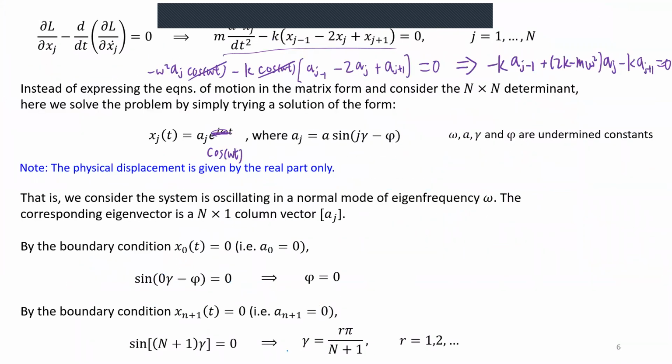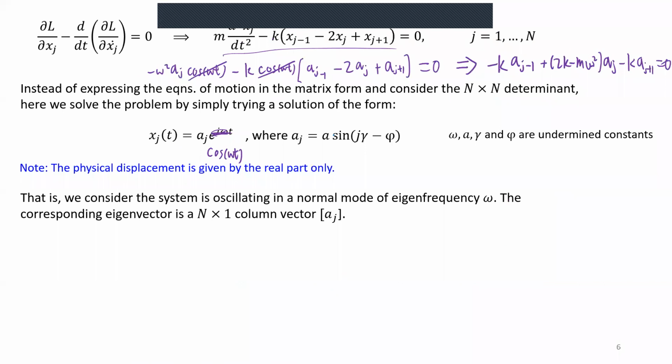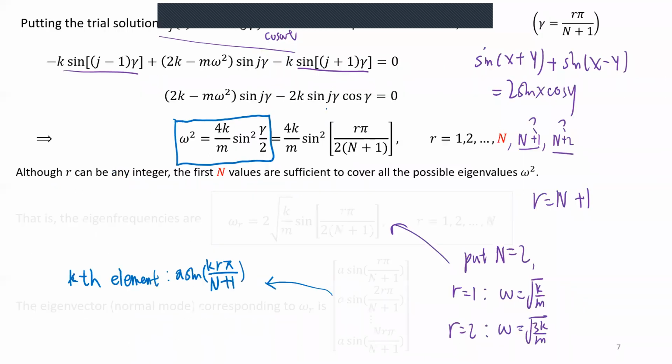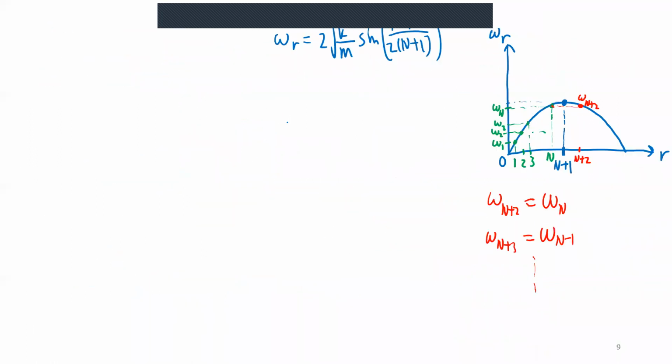After we figured out gamma, we just put this form into the equation of motion. And then we found that gamma square is given by this formula. The equation of motion that we have in this case is the same as the equation of motion that we are considering right now.